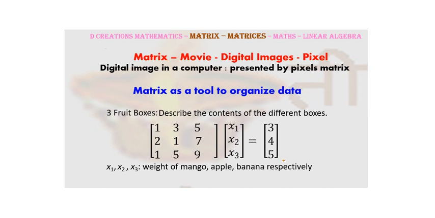Basically, you are editing this particular matrix. I won't go into too much detail of that. We will maybe have another separate episode for it. But for now, you can remember that matrices are very relevant to you. In real life, they are relevant in terms of digital images and pixels.